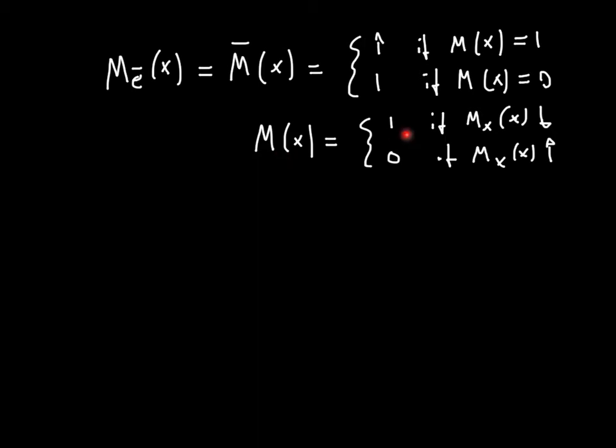That means it outputs 1 if m sub x of x converges, or 0 if m sub x of x does not converge, so does not halt. And we want to know now whether E bar is in the diagonal halting problem or not.